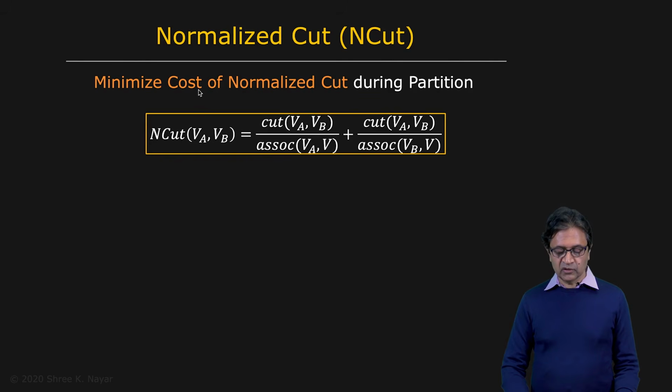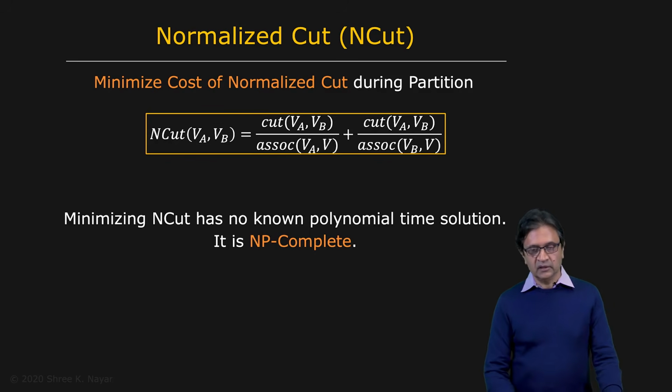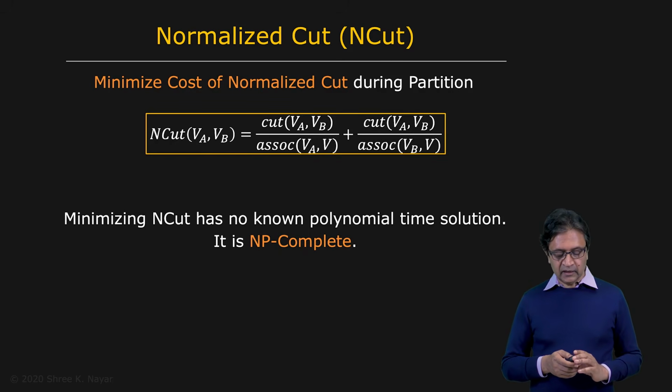So we want to minimize the cost of the normalized cut during partition, where N-cut between VA and VB, if those are the two subgraphs that we're going to end up with, is the cut of VA and VB divided by the association of VA with V, plus the cut of VA and VB divided by the association of VB with V. So that's the algorithm, and the one issue here is that there is no known polynomial time algorithm for solving this.